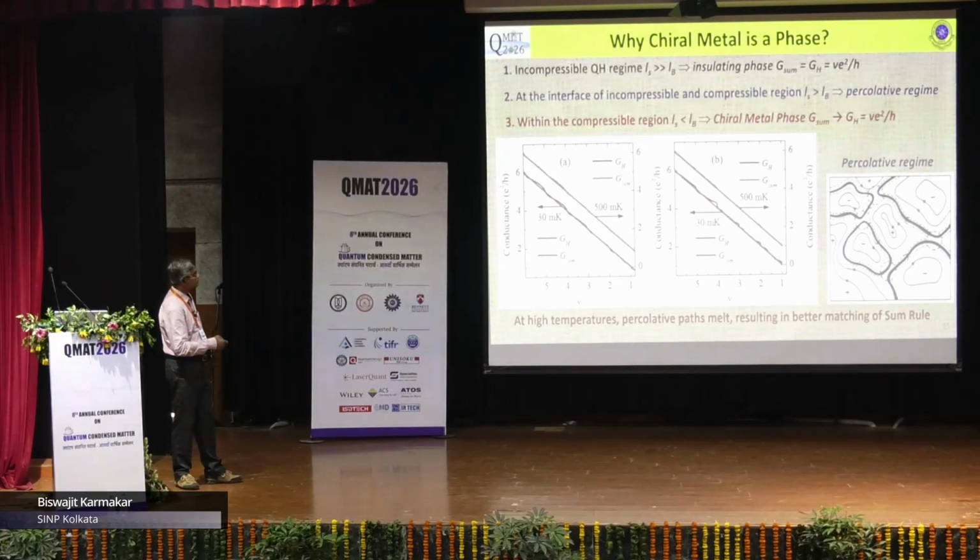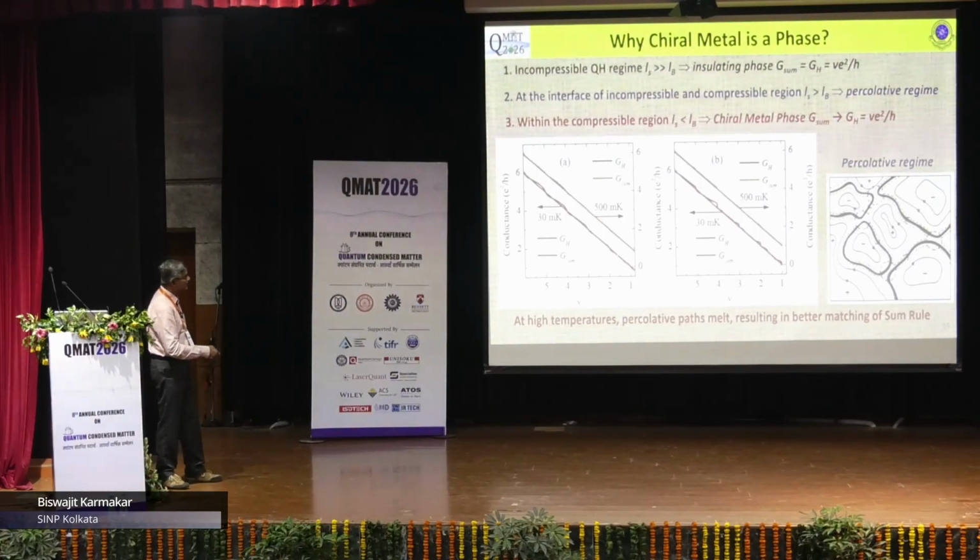And within the compressible region, Ls less than Lb, we have this chiral metal phase, and we can see here, look, at 2, this point, it matches exactly with this, and whenever we go out of 2 on both sides, we have to cross this percolative regime, and we see there is a deviation. Again it enters into the chiral metal phase on both sides.